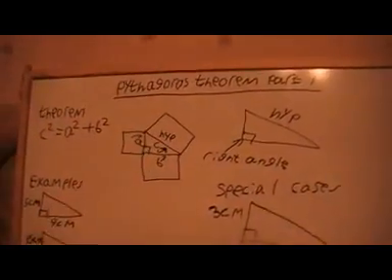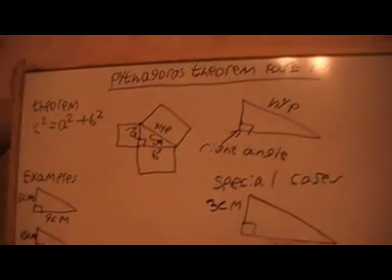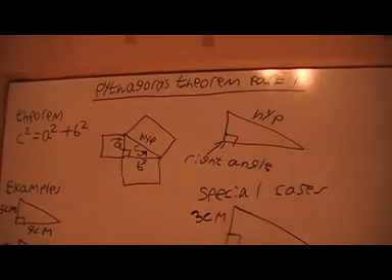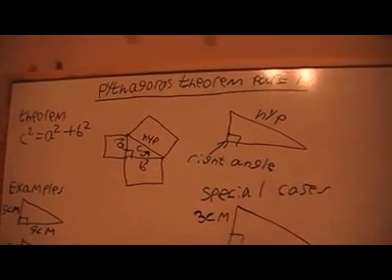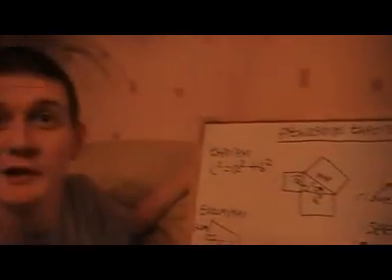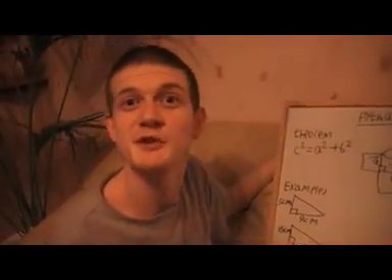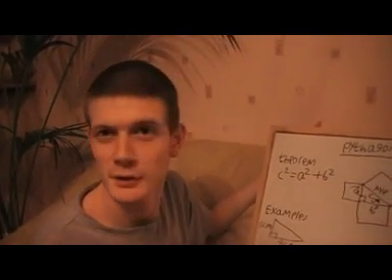Right, in this series we're going to start the new series on trigonometry, and first we're going to look at Pythagoras' theorem. Pythagoras' theorem is very closely related to trigonometry really, because it's about triangles, which is basically what trigonometry is about.